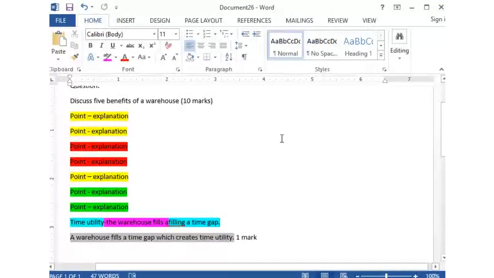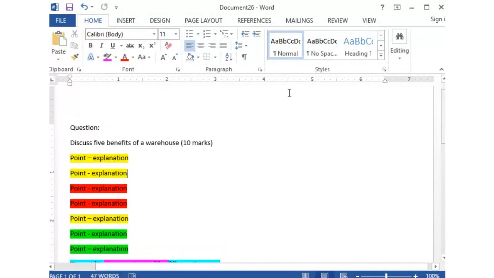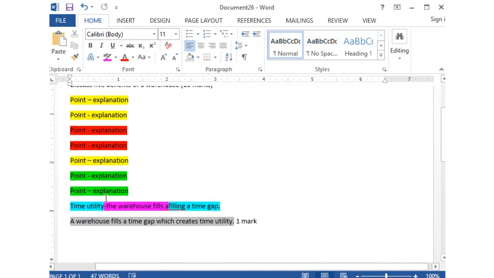So I gave a question here: discuss 5 benefits of a warehouse. We must have 5 points well explained. Before I logged out, I was explaining the difference between using a hyphen and not using a hyphen.